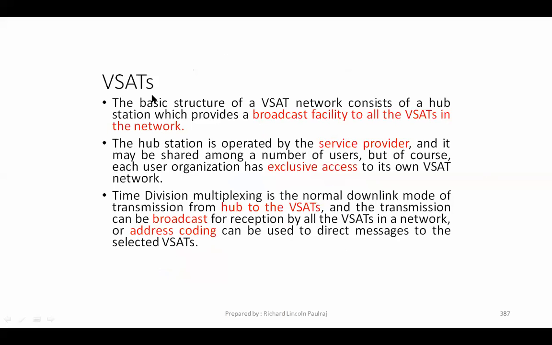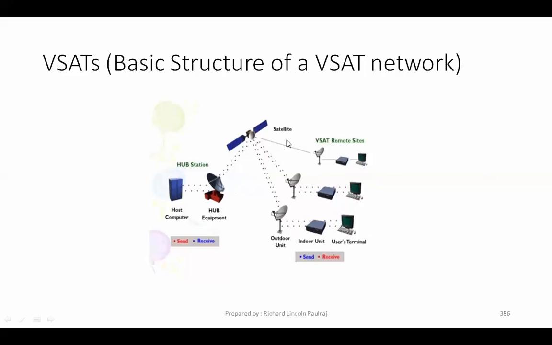So this is the basic structure for VSAT and broadcasting. One thing that happens here is whatever information is there, it gets broadcasted with the help of either the outdoor unit or the hub equipment.